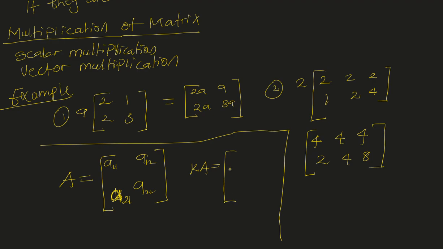That's going to be KA11, KA12, KA21, KA22. Can you see that now? This is the guidance that we'll be using in evaluating scalar multiplication.